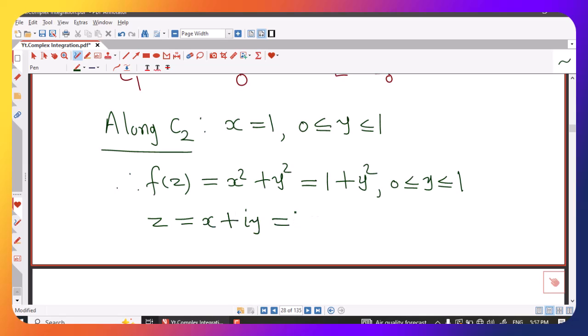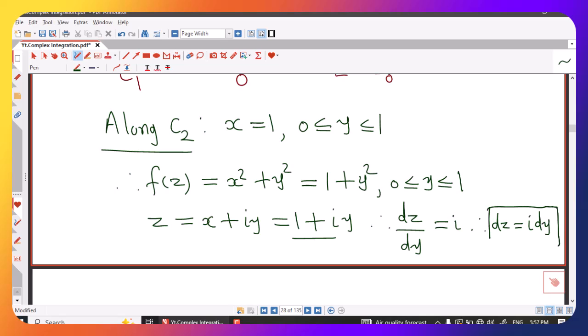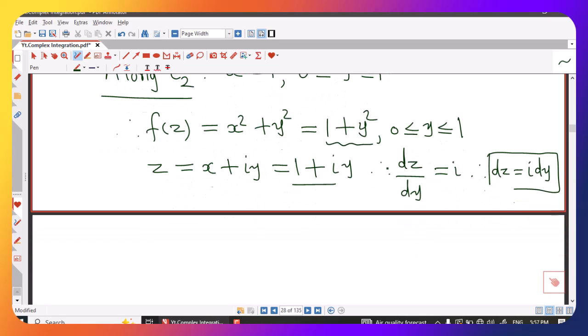If we take x equal to 1, we have z equal to 1 plus iy, therefore dz by dy is the derivative of 1 is 0, i, and the derivative of y is 1. So along C2 dz will be replaced by i times dy, and f of z will be replaced by 1 plus y square, and limits of y will be from 0 to 1.